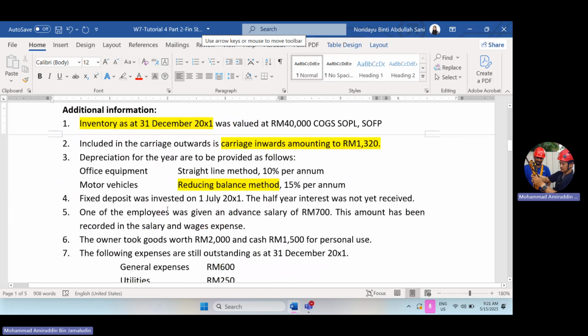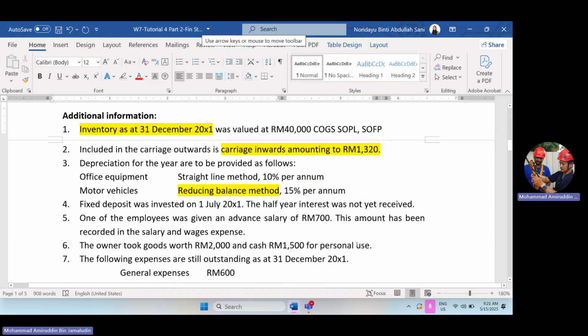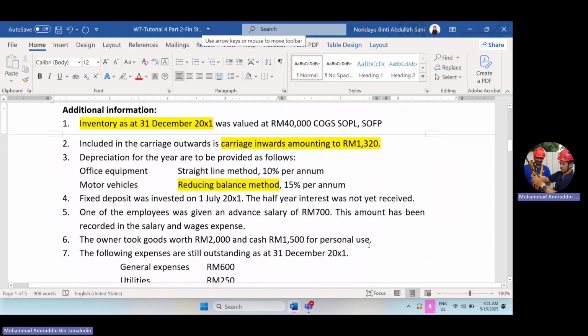Settled, we move to the fixed deposit was invested on 1st July. Be careful with the date. You invest money on 1st July 20X1. Your accounting year ended 31st December, so 1st January 20X1 until 31st December 20X1.